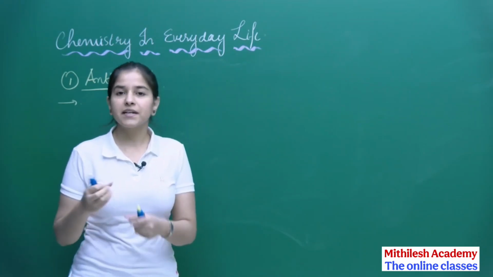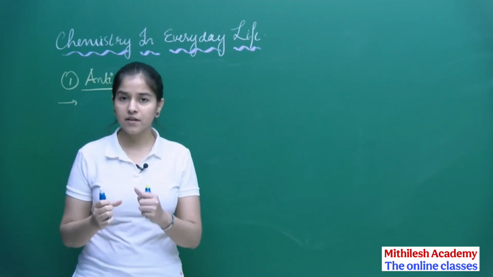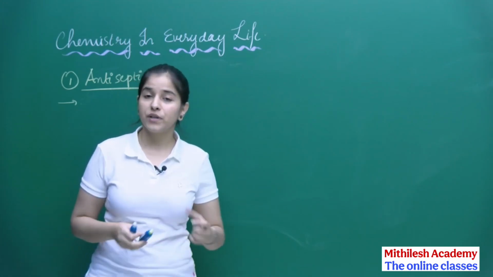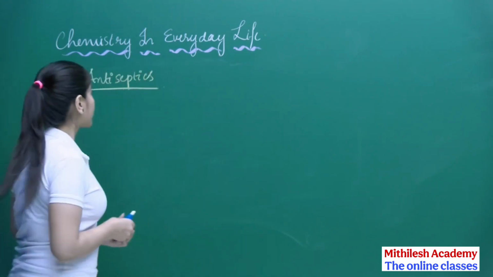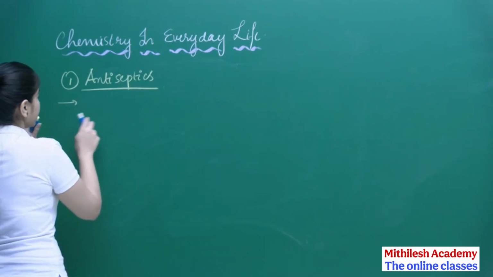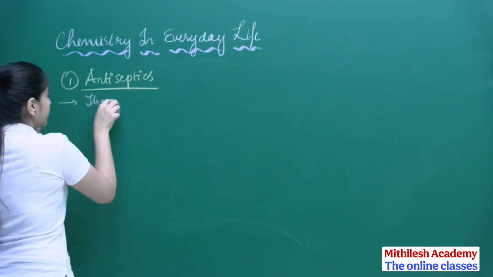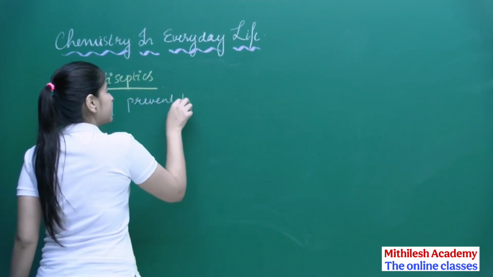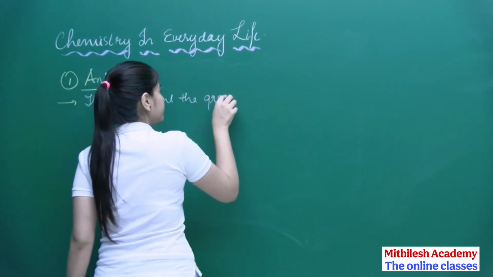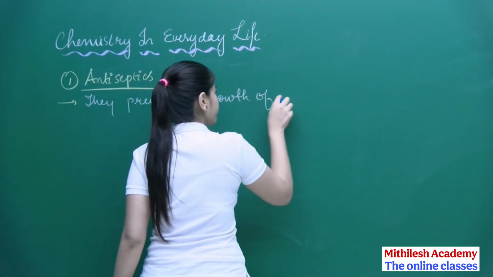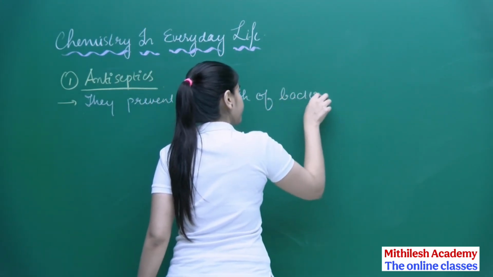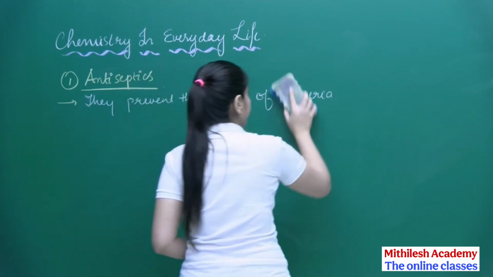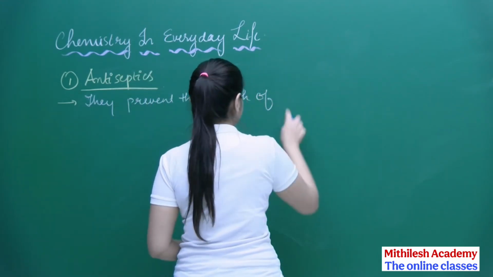Antiseptic. Septic means a kind of infection which is developed within the living system. So, in order to avoid that infection, we need some kind of a drug. So, basically antiseptics prevent the growth of bacteria, or, to be very general, microorganisms.